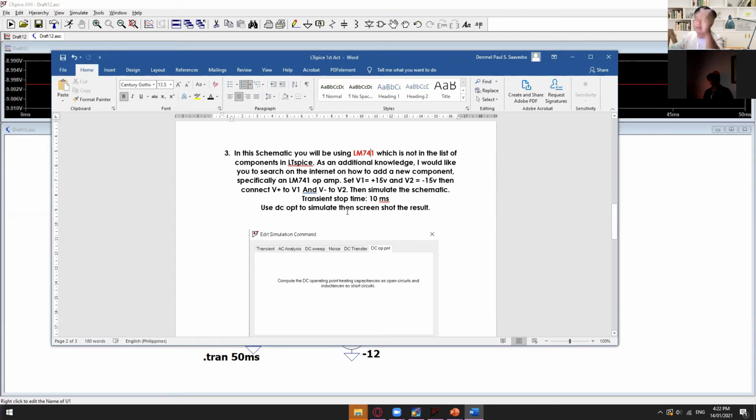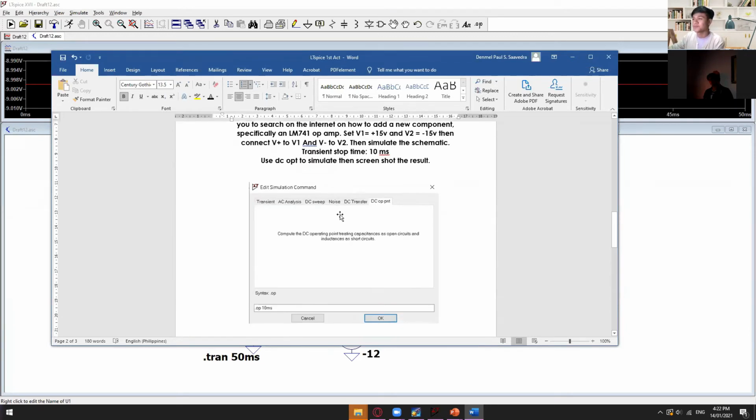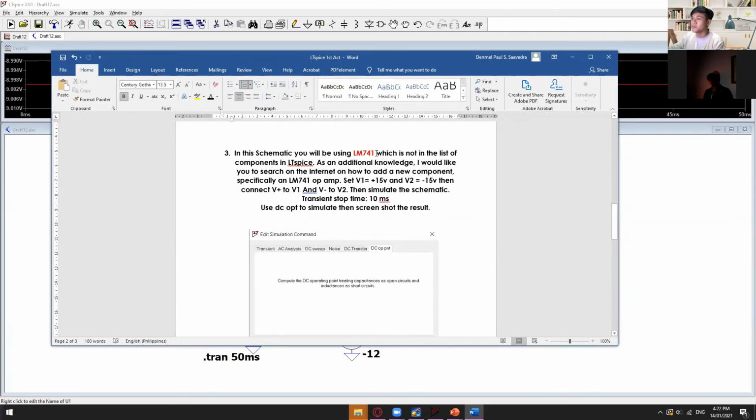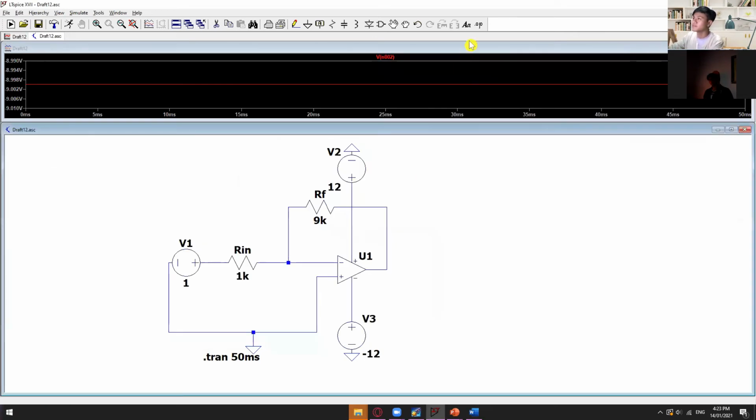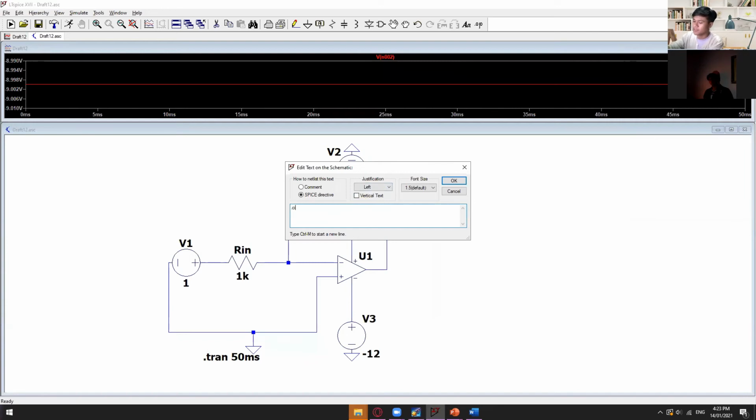Kasi kapag nag-new schematic kayo, hindi nyo pa rin siya mahahanap dun sa mga components. Kailangan nyo pa rin siyang i-import manually. Okay? So, hanapin nyo sa internet kung paano mag-import ng mga components sa LTspice. So, gagamitin nyo itong Spice Directive. Okay? Mag-.include kayo dito and yung mga susunod pang mga steps. Okay?